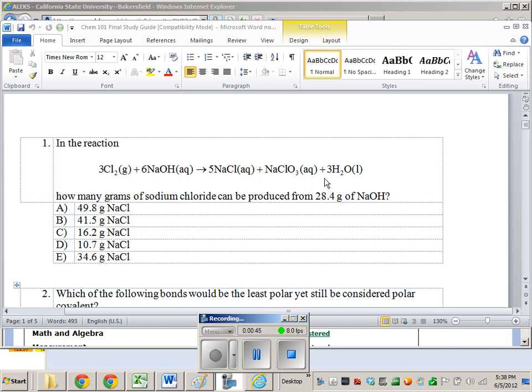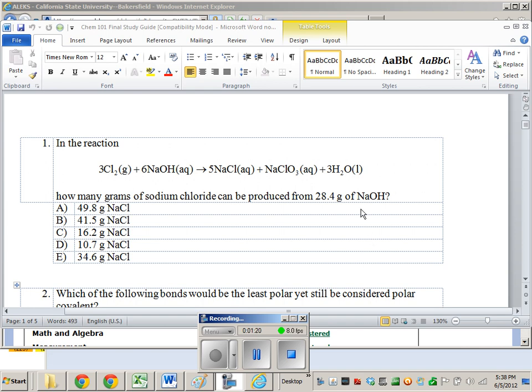So we can use this balanced, hopefully it's balanced, chemical formula, and then we will convert these grams to moles, use the mole ratio inside of a balanced chemical reaction, and convert moles of NaOH to moles of sodium chloride. And since they're asking for grams and all the answer choices are in grams, we are going to convert the moles of sodium chloride that we get to grams of sodium chloride.